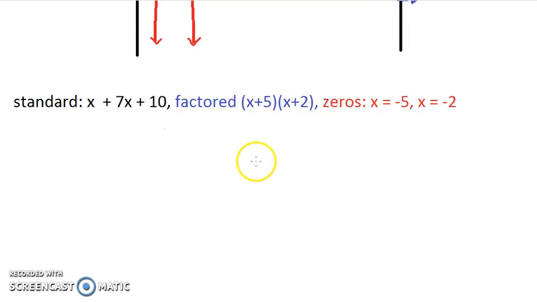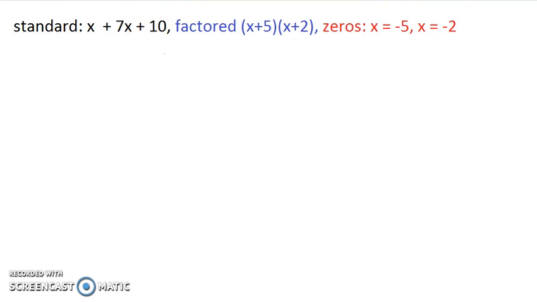Let's come back over here to these types of terms. When you have standard, factored, and zeros, they're all the same thing. If you have the standard form like this, where that's x squared, this is where you do the x factor.